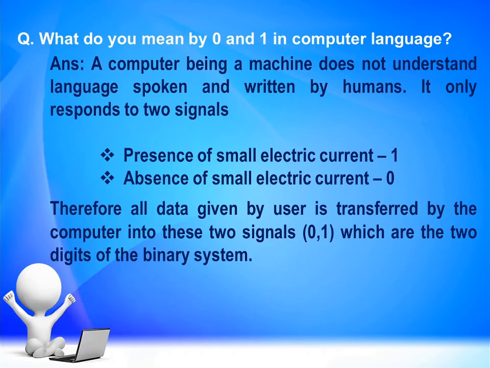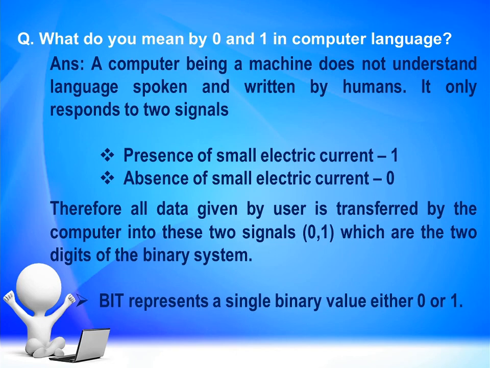Therefore, all data given by the user is transferred by the computer into these two signals, that is 0 and 1, which are the two digits of the binary system. Bit represents a single binary value, either 0 or 1.